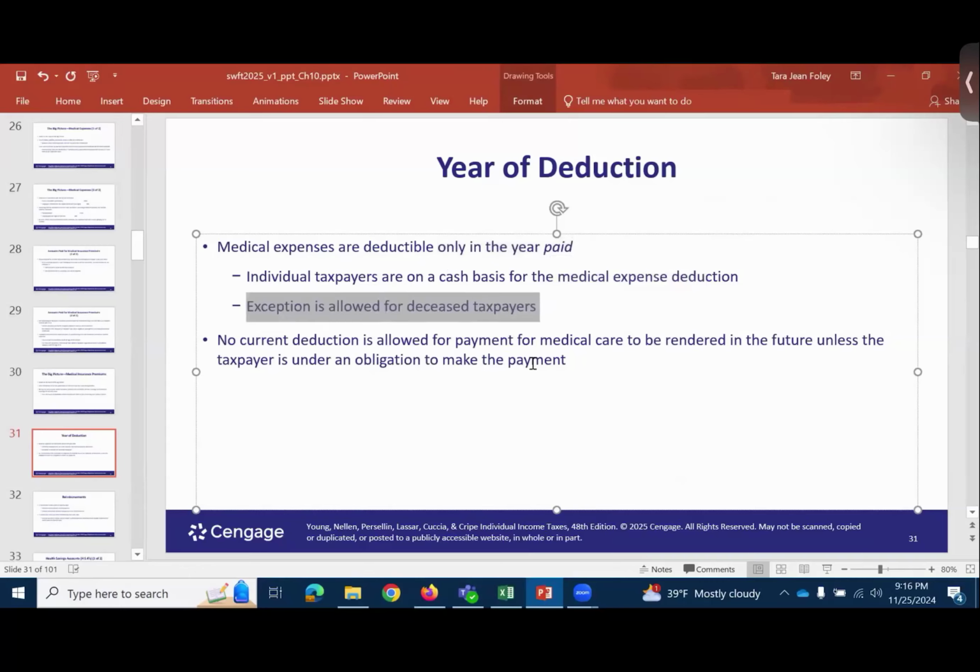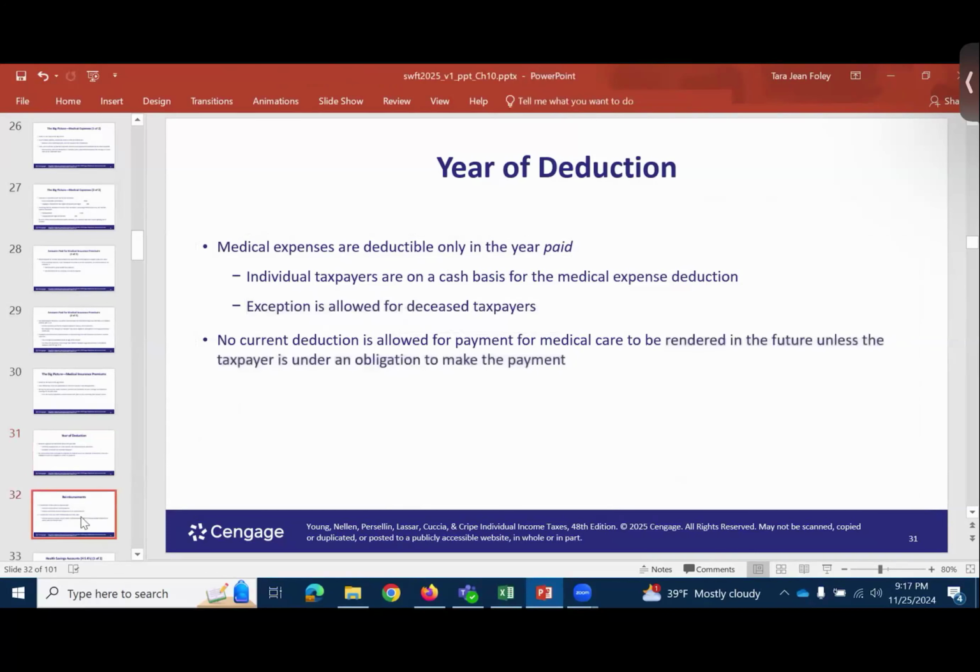It could be in the year that they actually had the expense happen, even though the estate might pay it later on. So they can choose which way they want to do it. Okay. No deductions allowed for a future expense unless you're obliged to pay it now.